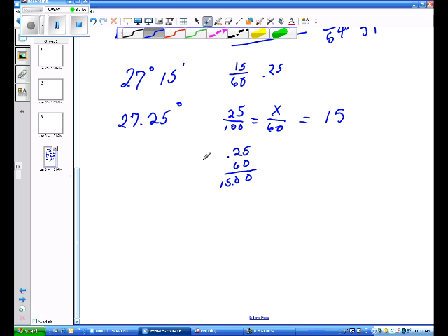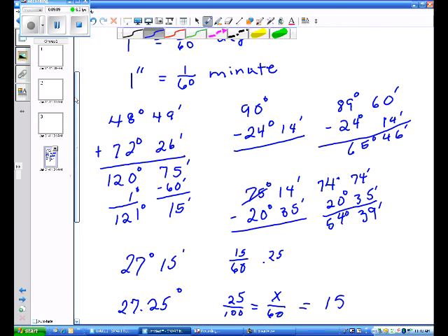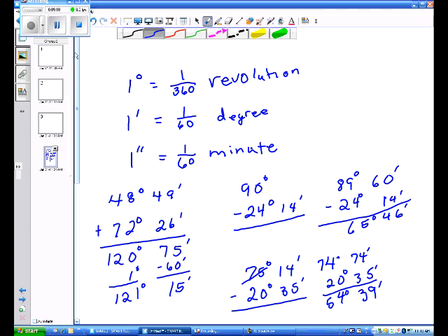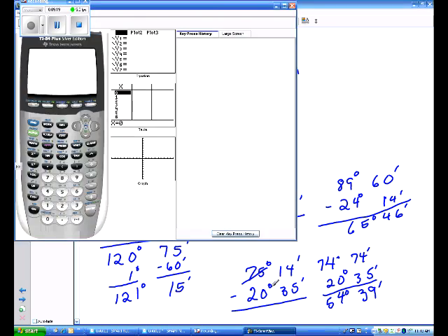So that's how you would change it back to get it to be in degrees and minutes. Now let's look at our calculator and how we would do our addition and subtraction on the calculator and how we change from degrees and minutes. We're going to do some problems very similar to this. Let's pull up our calculator. We can't quite see those problems, so let me write them up here again, just over to the side.